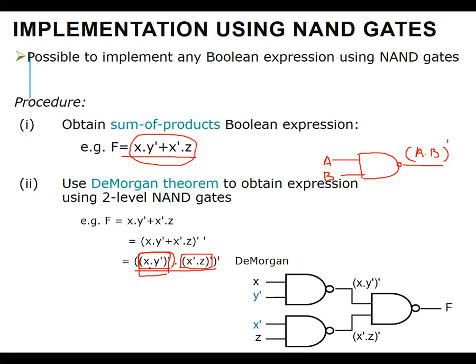And here what is A? X is A. What is B? X dash, Y dash is B. What is the complement? Is there a complement? Yes, there's a complement. Okay, so likewise, you have to analyze. And you can see now you have come up with the equation. It can be represented only by NAND gates.